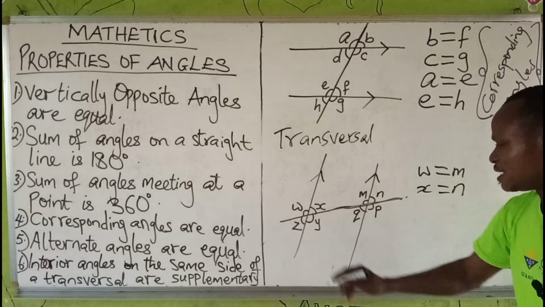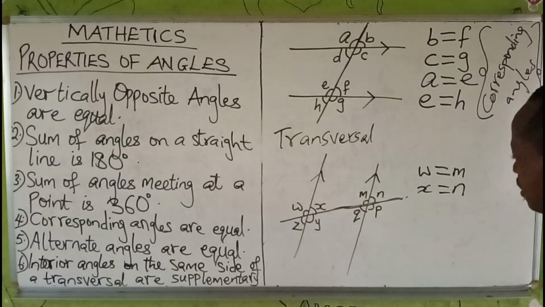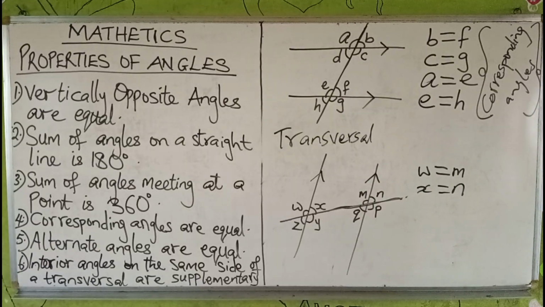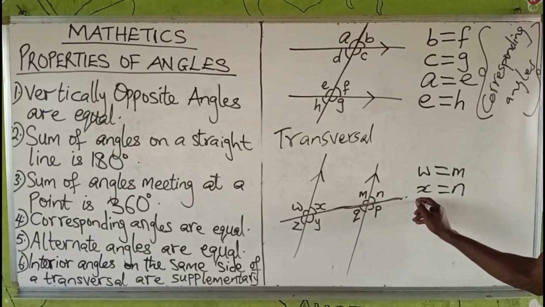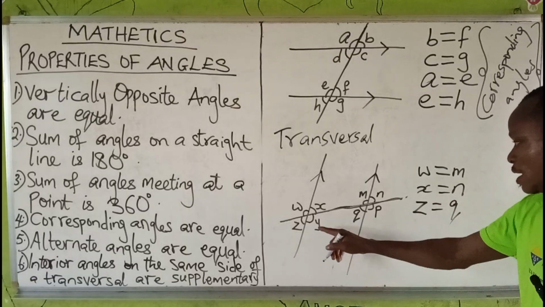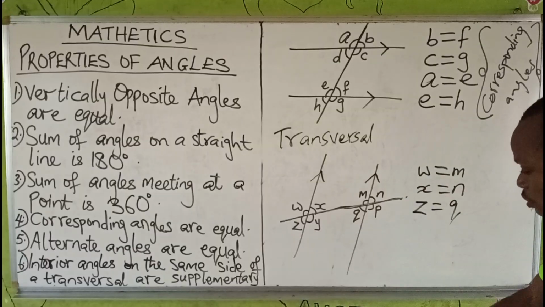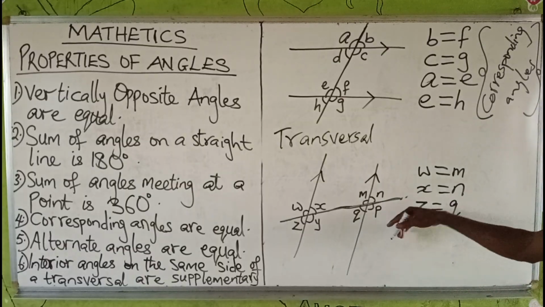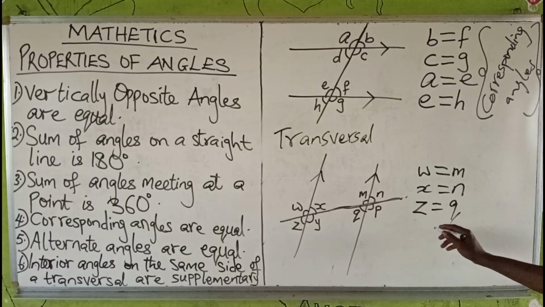Now, angle Z is at the bottom left. Angle Q is also at the bottom left. That means angle Z is equal to angle Q. And the same way, angle Y is at the bottom right, and angle P is also at the bottom right.